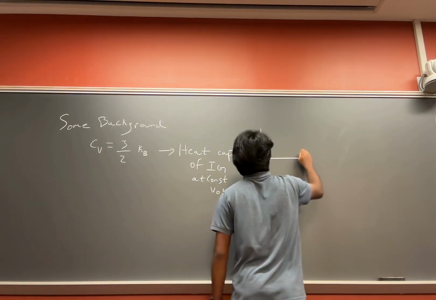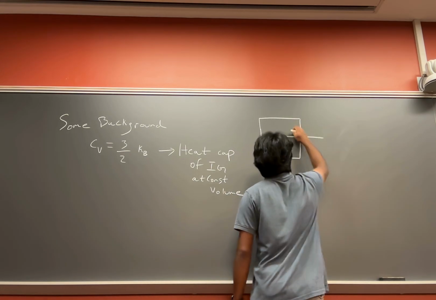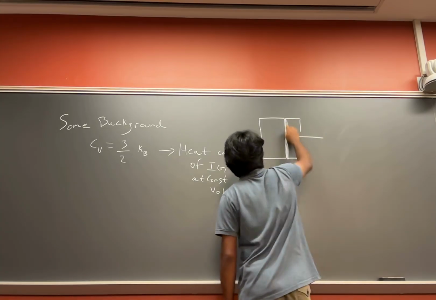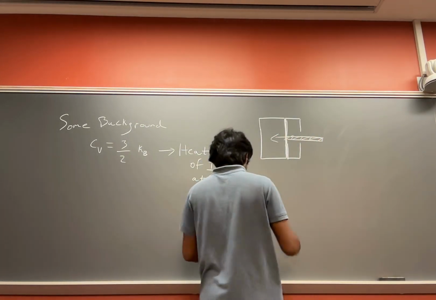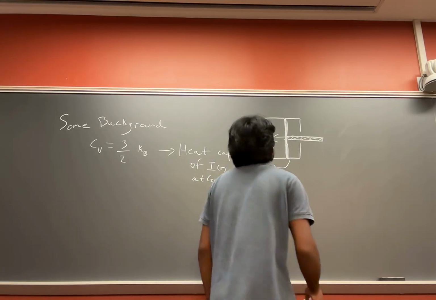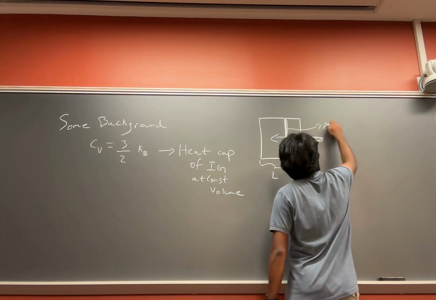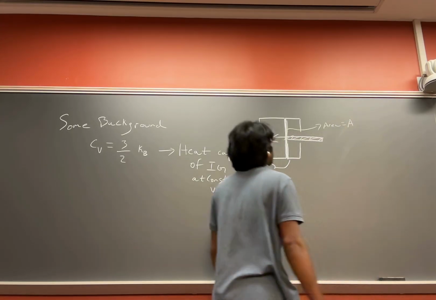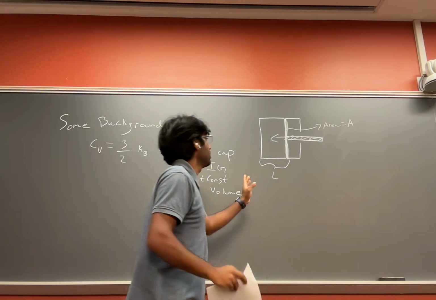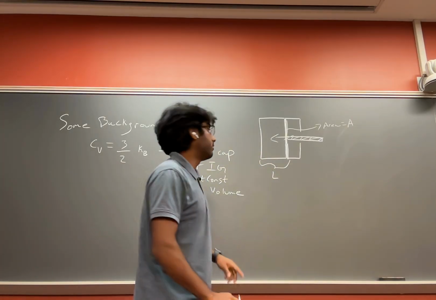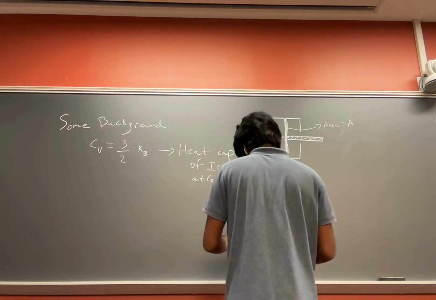So if we consider a piston, imagine this piston is just compressing that way, and it has a length L and an area A. Now we want to imagine compressing an ideal gas with this piston and try to derive the heat capacity 3/2 kB from this little setup.